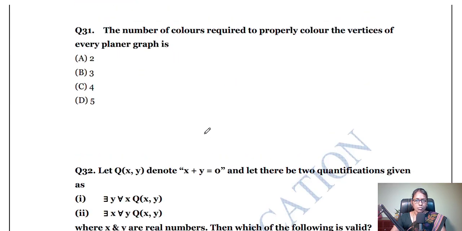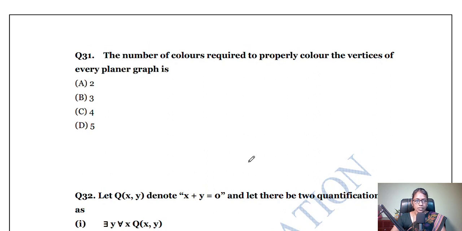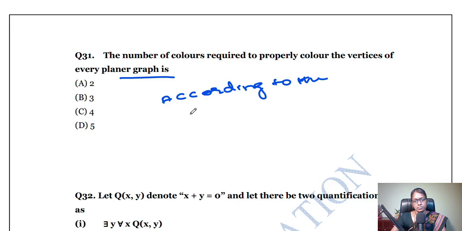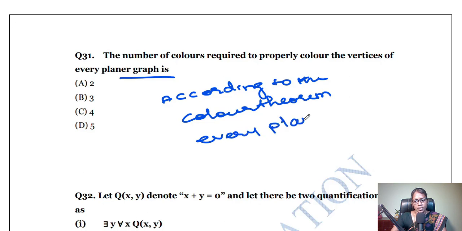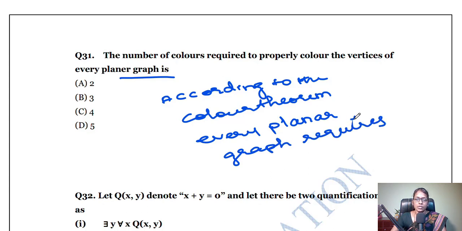The next question is the number of colors required to properly color the vertices of every planar graph. According to the color theorem, every planar graph requires 4 colors.